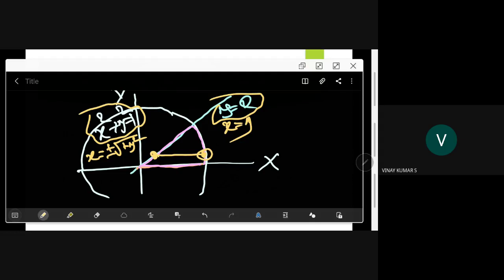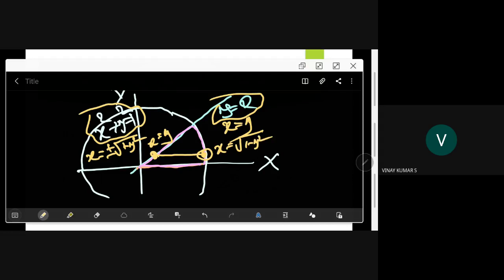Do we need to take plus root or minus root of 1 minus y square? Plus, sir. It's in the first quadrant. First quadrant. So you have to write x from x is equal to y to x is equal to plus root of 1 minus y square.